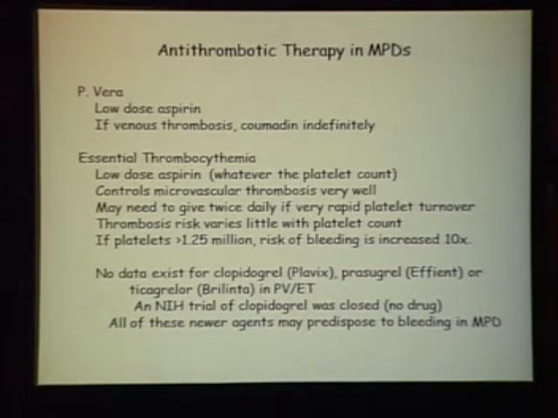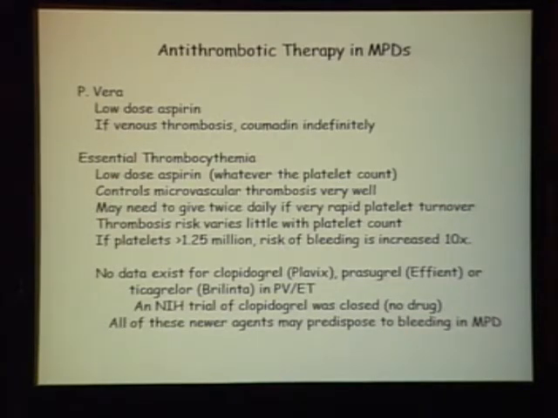There are differences of opinion on this point, and if the hematocrit can be kept normal by phlebotomy alone, and the patient has no cardiovascular risk factors, then it may be possible not to treat with anything. Otherwise, aspirin is used.